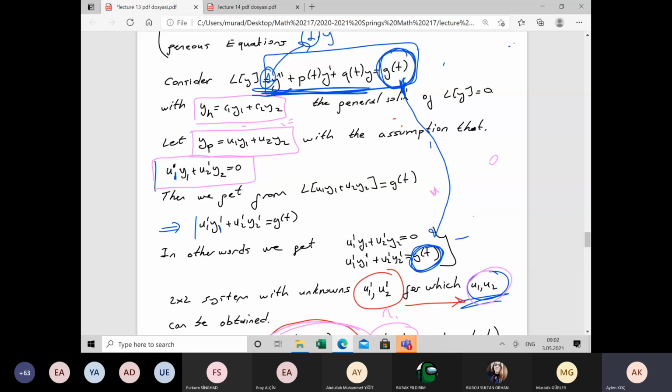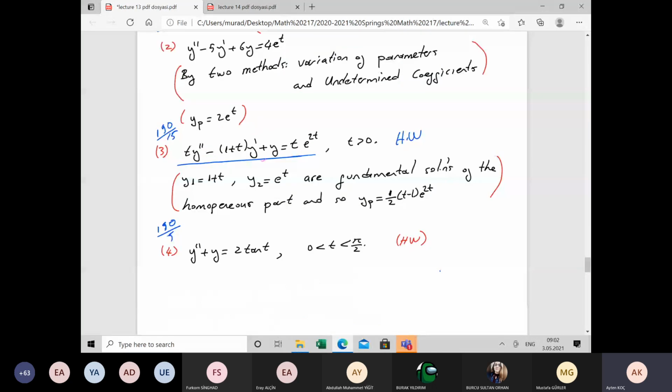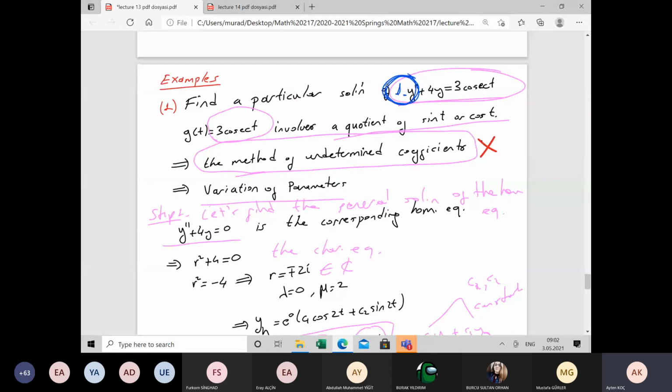Let's come back to our question. Yes, this one is in the standard form because the coefficient is 1, so this is g of t. If not in standard form, for example if this one is 2, first rewrite it as y double prime plus 2y equals 3 over 2 cosecant t.